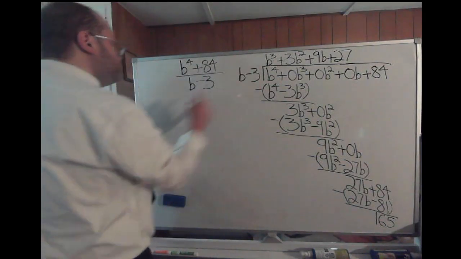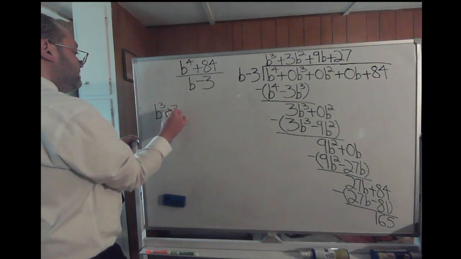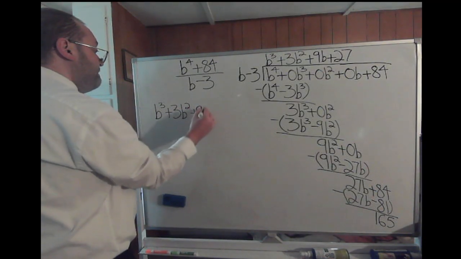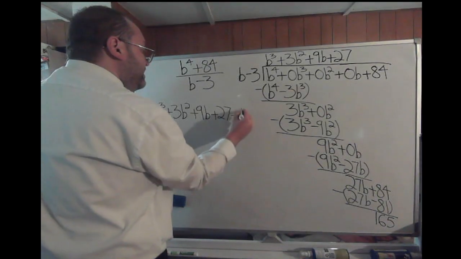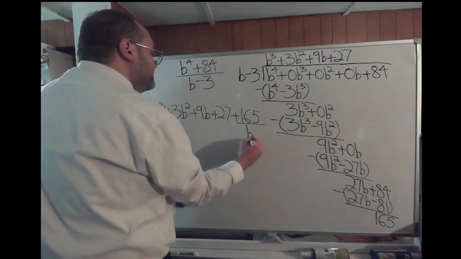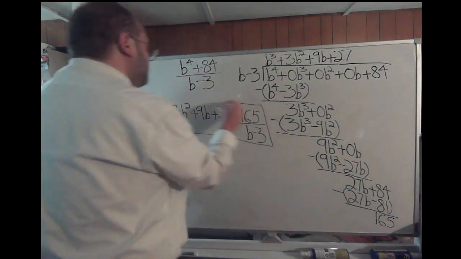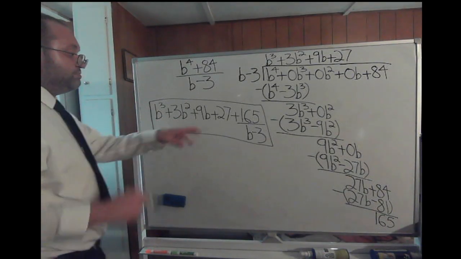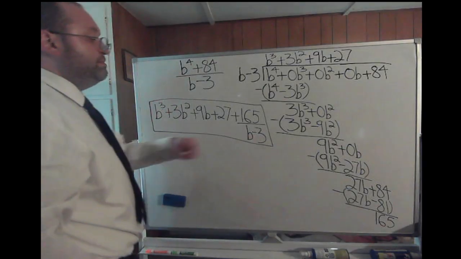So the answer is going to be your quotient of b to the third plus 3b to the second plus 9b plus 27 plus that remainder of 165 over your divisor of b minus 3. So that would be your answer for this: b to the third plus 3b to the second plus 9b plus 27 plus that 165 over b minus 3.